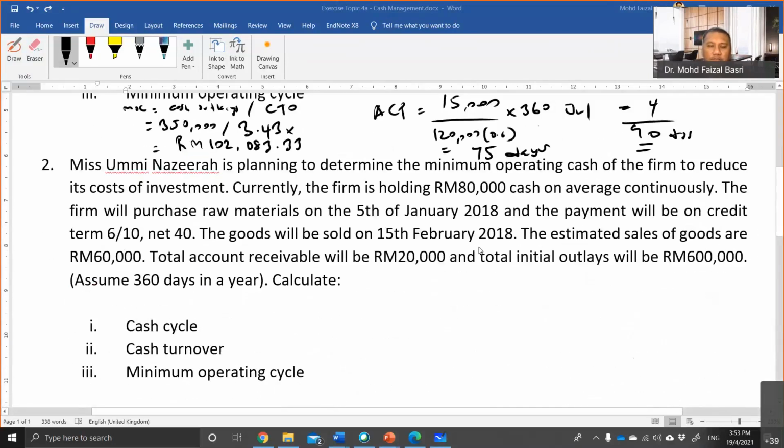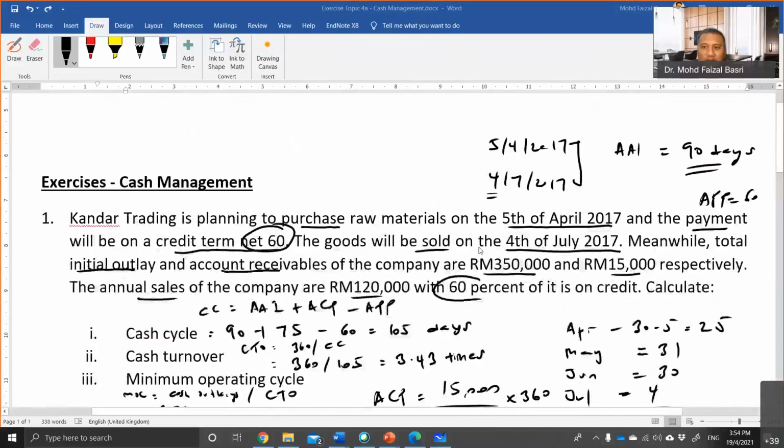Okay, just to let you know, for this question, there's a slight difference in the interpretation of the number of days that we use, as compared to the first one just now. When we calculate the difference between two dates, we use the actual number of days.